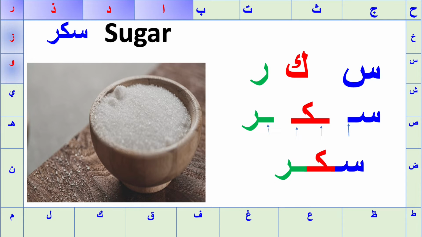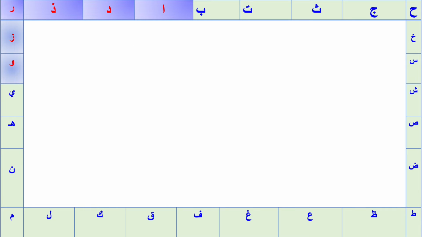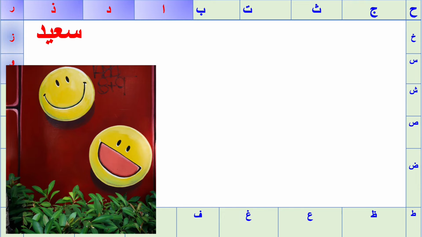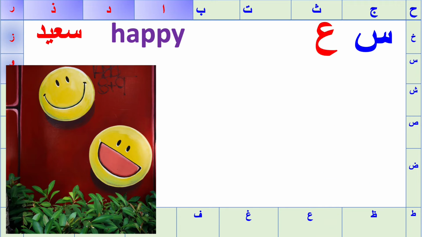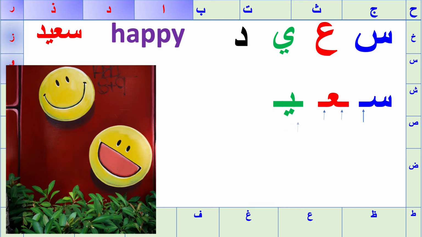Let's have another example. The example is the word Sa'id, which means happy. Again, the component letters are Sin, Ain, Ya, Dal. The Sin will extend to the left, the Ain will extend to the right and left, the Ya will also extend to the right and left, and the Dal will extend to the right so that it can connect with the Ya.